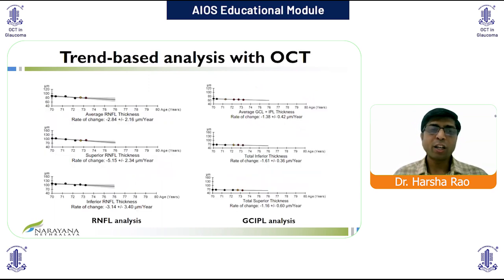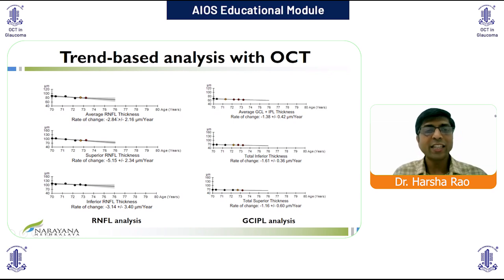Trend-based analysis is very common. We use most of the global parameters or even the quadrant parameters to see what is happening to them over time. Here is the average RNFL thickness and how it is changing with time. Superior and inferior RNFL thicknesses, how they are changing over time when multiple scans are done repeatedly over the follow-up period.